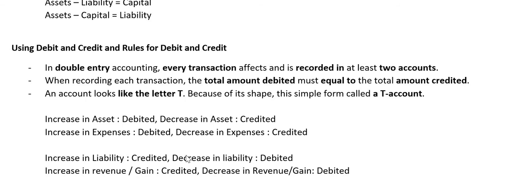Increase in expenses to be debited, decrease in expense to be credited. Increase in liability to be credited, decrease in liability to be debited. Increase in revenue or gain to be credited, decrease in revenue or gain to be debited. So now we must remember two points. Treatment for assets and expenses is similar.